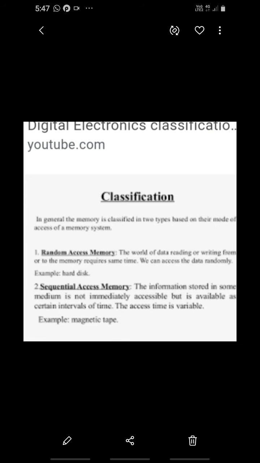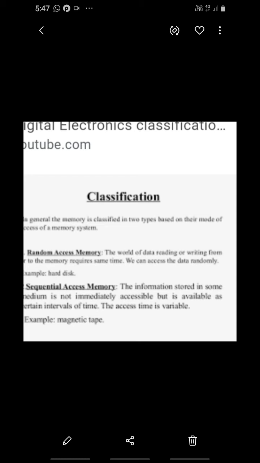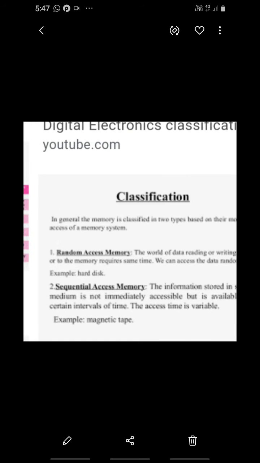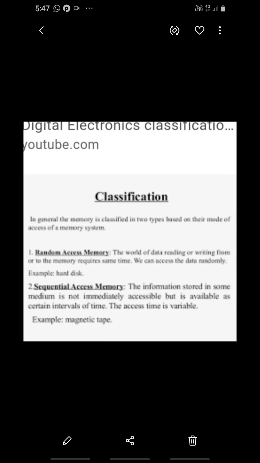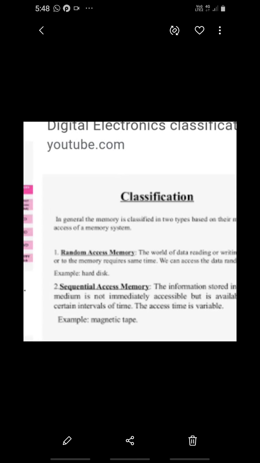Random access memory. The word of data reading or writing from or to the memory requires the same time. We can access the data randomly.